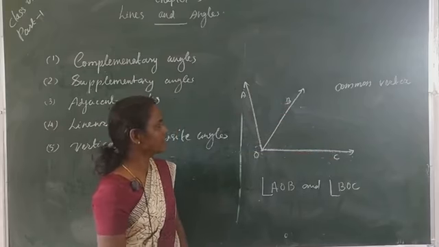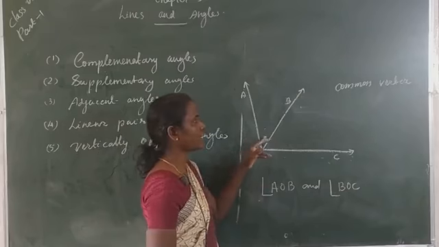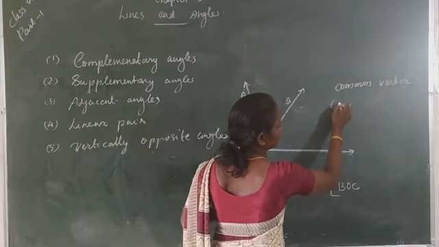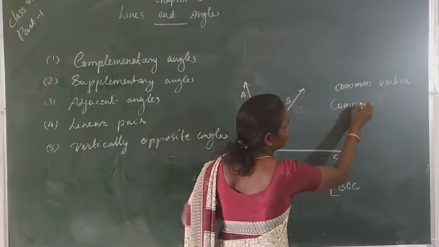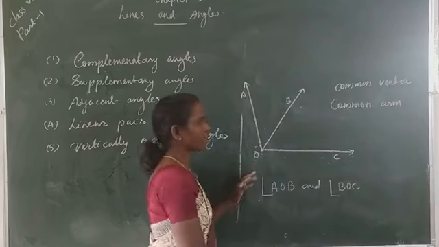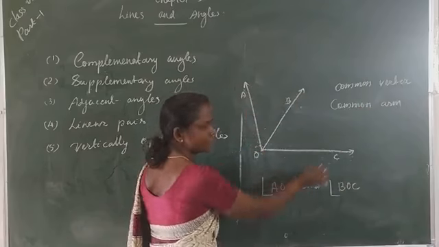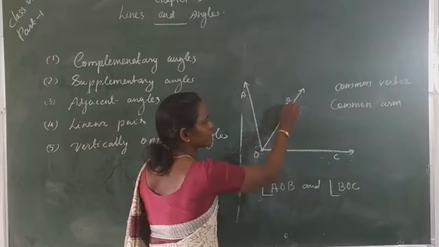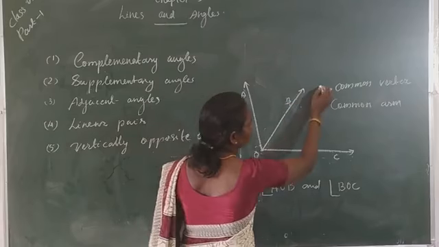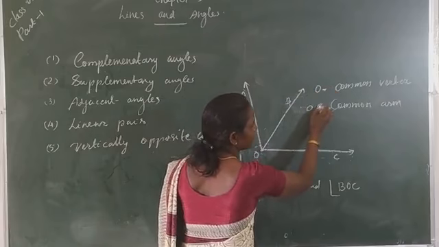Then next, look, these two angles have a common arm. It is the common arm of AOB and BOC. OB is the common arm. Here O is the common vertex and OB is the common arm.